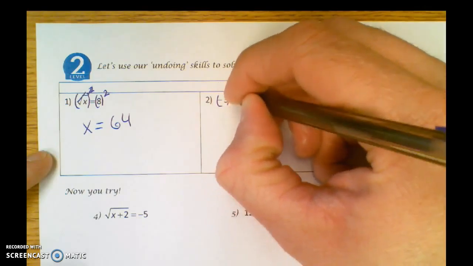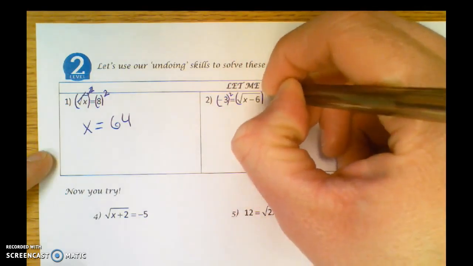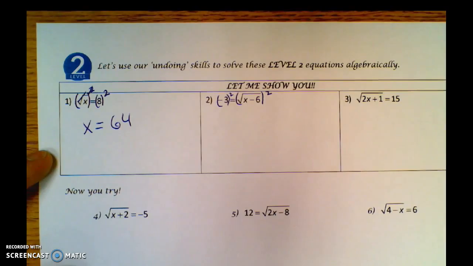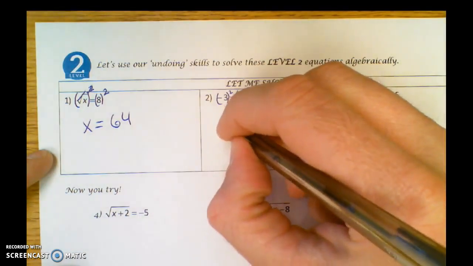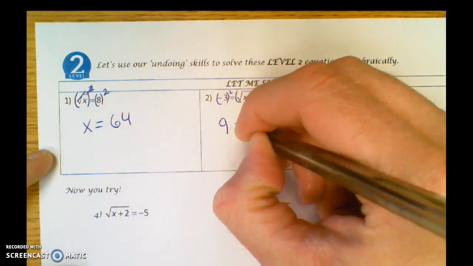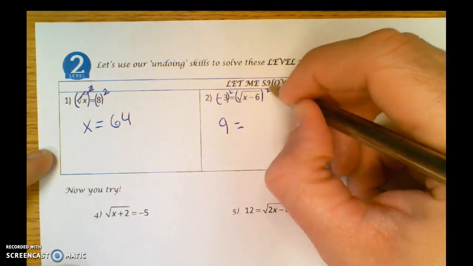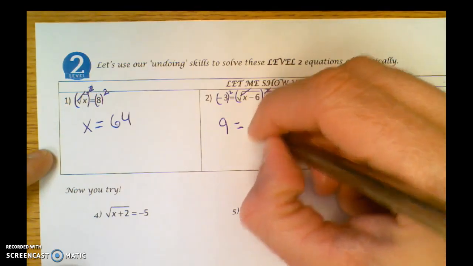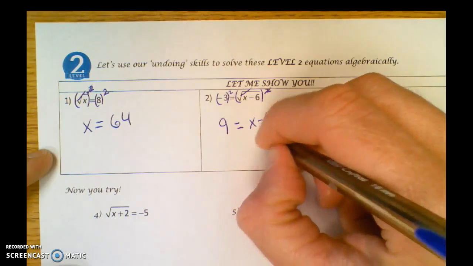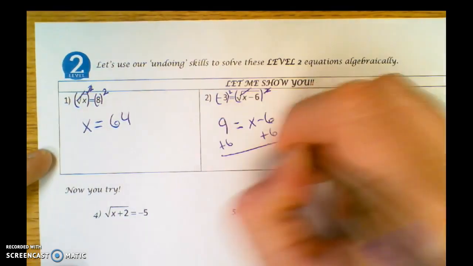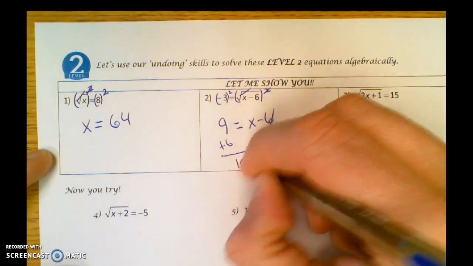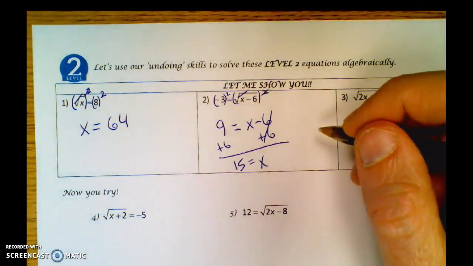Same thing for this problem. Square both sides. Notice I used parentheses because negative 3 squared gives me positive 9, because it's negative 3 times negative 3. Here the square and the square root cancel. So now I just have to solve and get 15 equals x. But now let's check that.